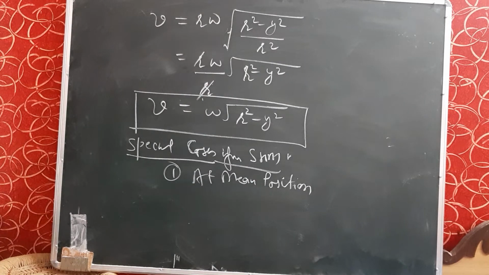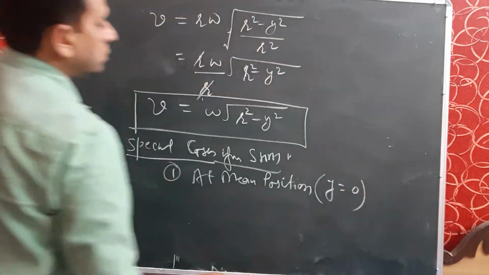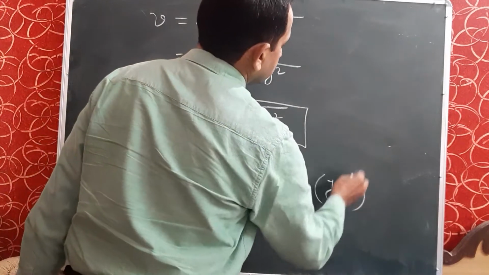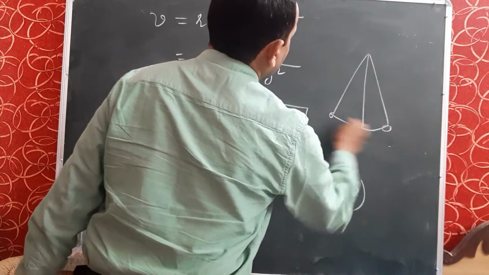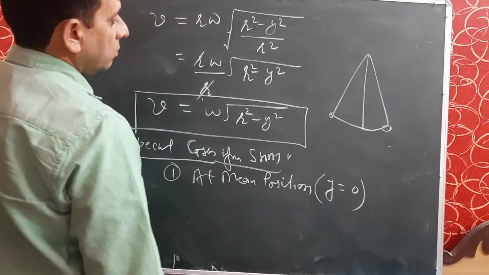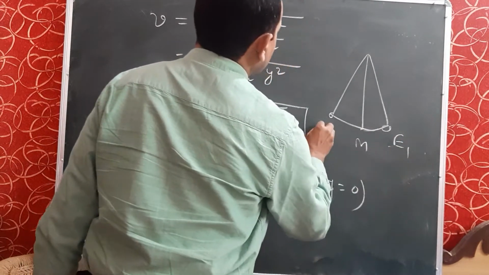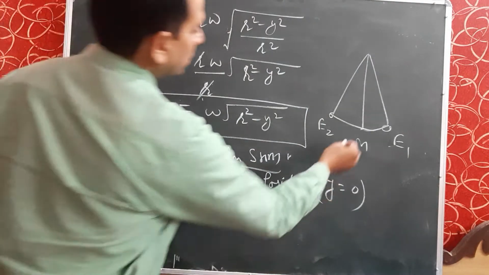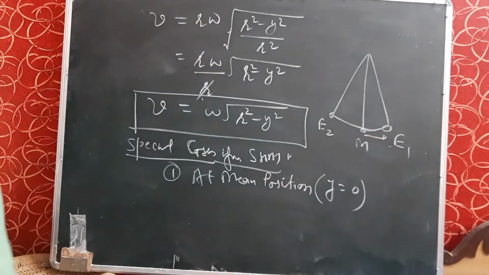It is a position when y is equal to 0. Y equal to 0 means no displacement. Then the particle is at mean position, that is this one. If we consider the example of a simple pendulum, this is the mean position, and this is extreme position 1, and this is extreme position 2. At mean position, y is 0, and after that y will increase.